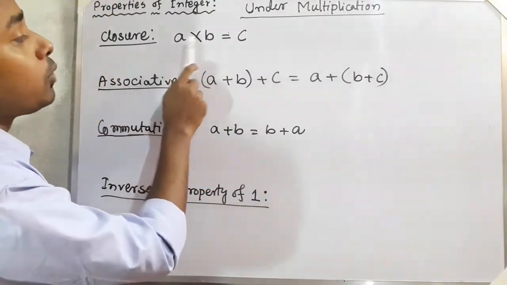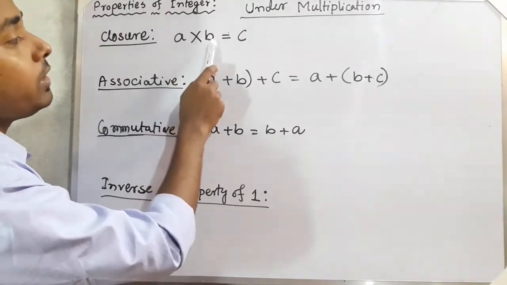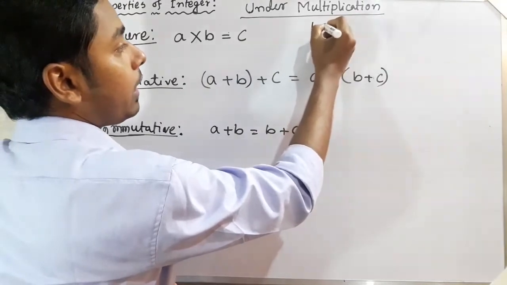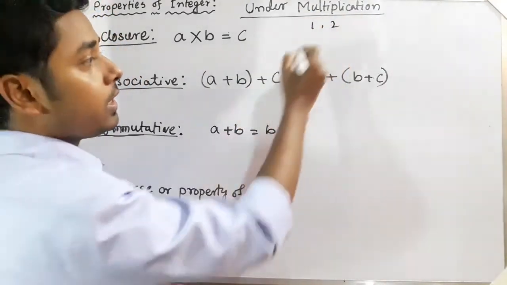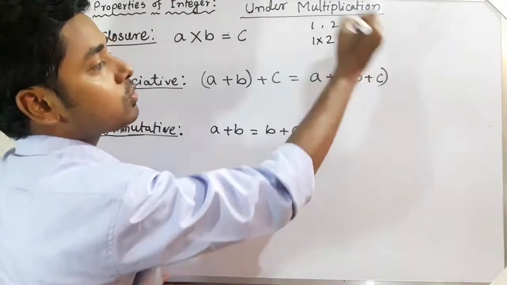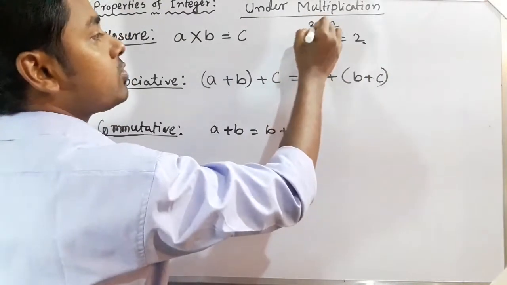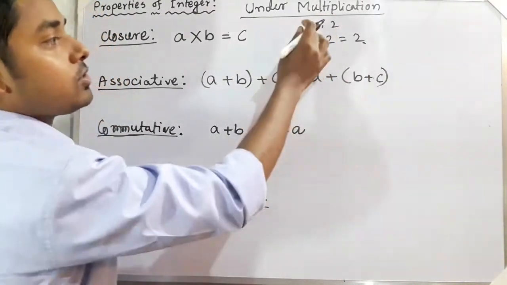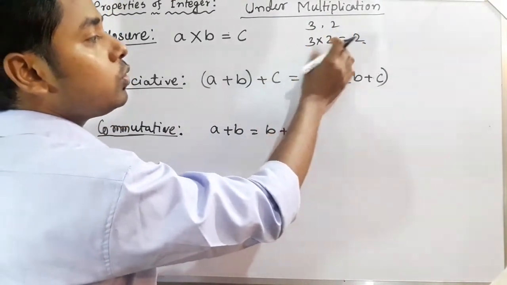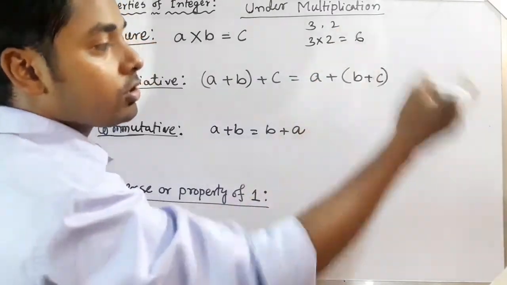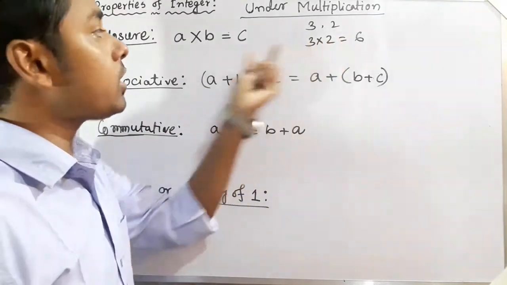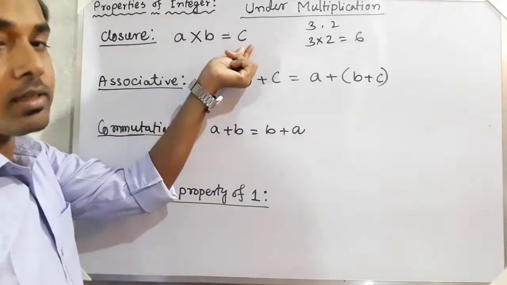Now what is the statement of the closure property? Product of two integers will also be an integer. Suppose I am taking 1 and 2 as integers. Now if we multiply these two integers, then 2 ones are 2, that means 2 is also an integer. Suppose we take another, 3. 3 is an integer, 2 is an integer, and when we multiply 3 and 2, we get 6, which is also an integer.